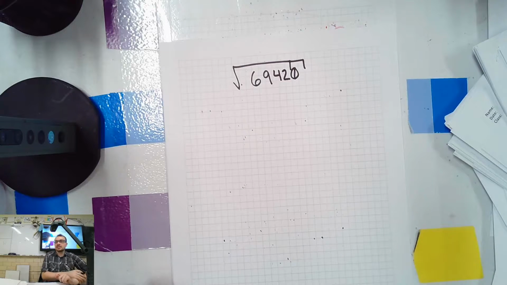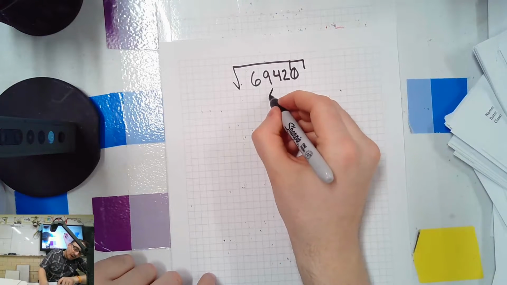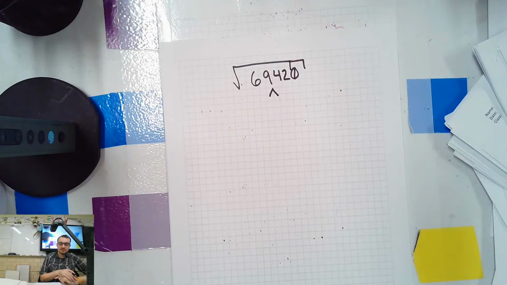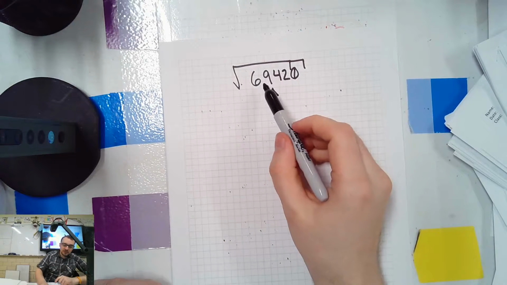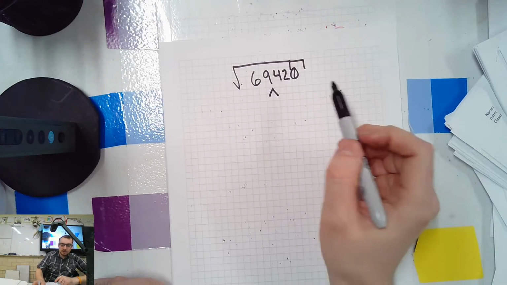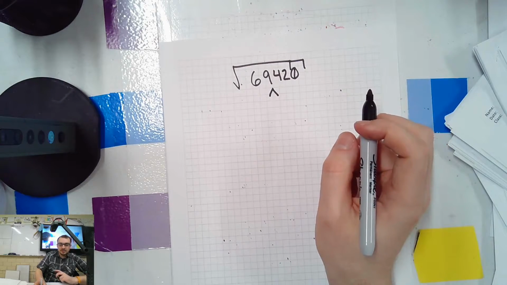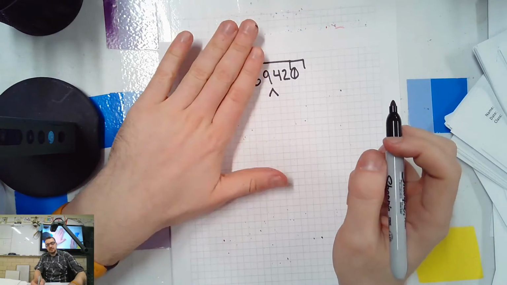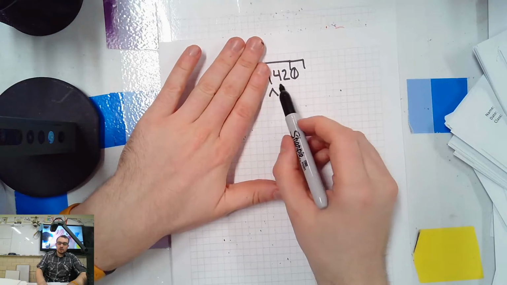All right, let's simplify this. What factors do we have? Does 3 go into it? 4 plus 2 is 6, so 3 does go into it. How many times does 3 go into 420?